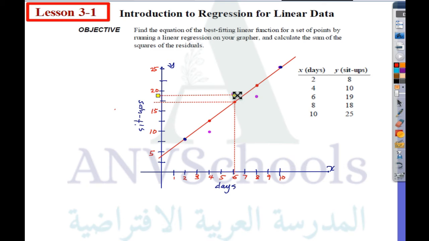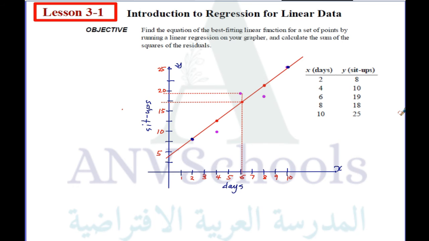Let me make it straight. So it's this, right? You could notice that this point here, as compared to this point, has a certain difference in length, or y value. In regression, we call this a residual.